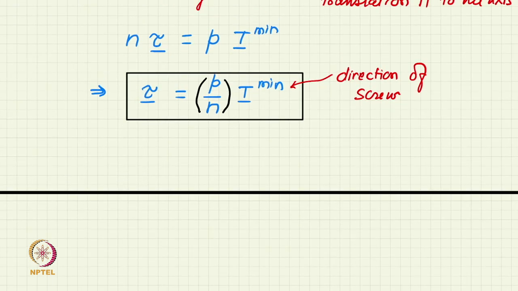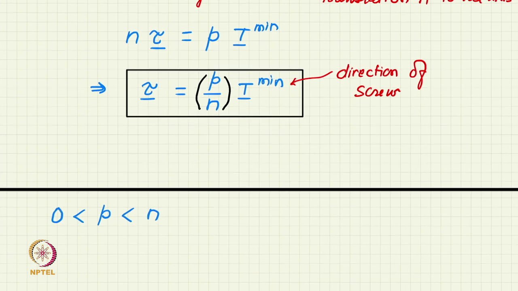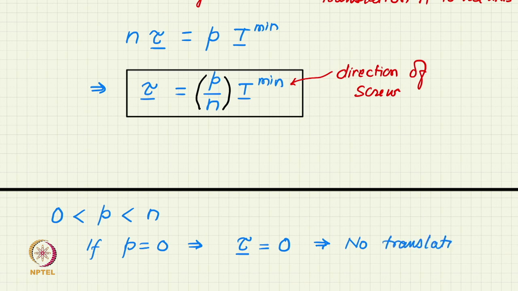Of course, you can see here that the meaningful values of p have to be between n and 0, because if p is 0, then tau is 0, which means you have no translation associated with the rotation.